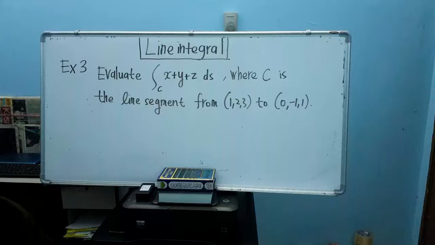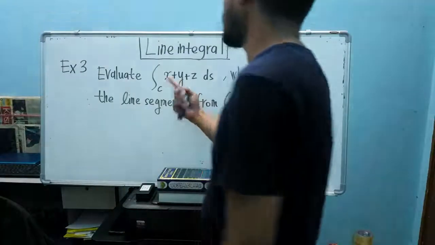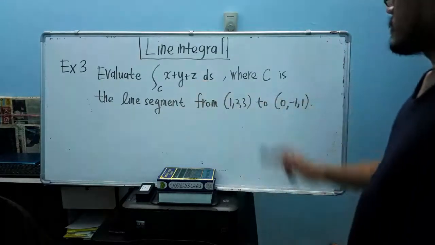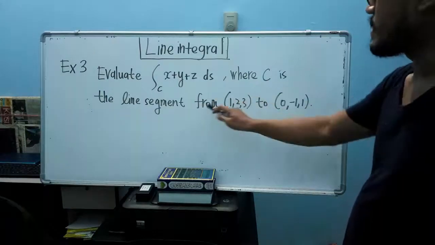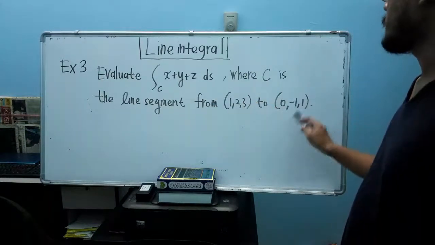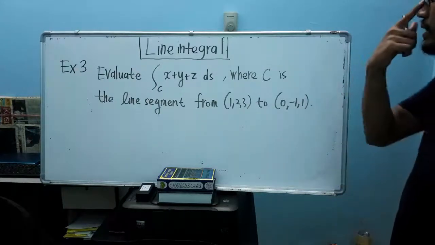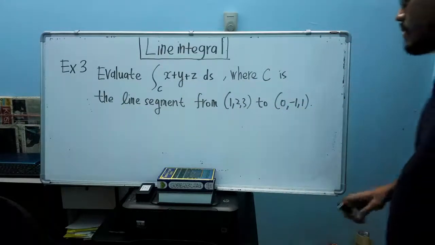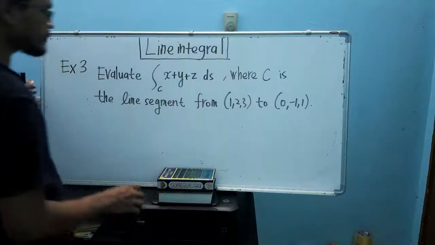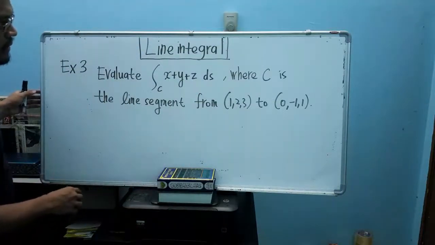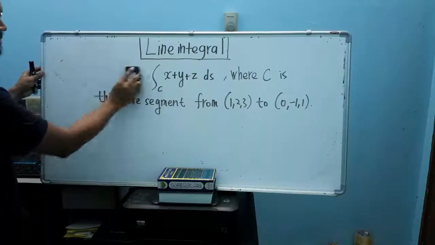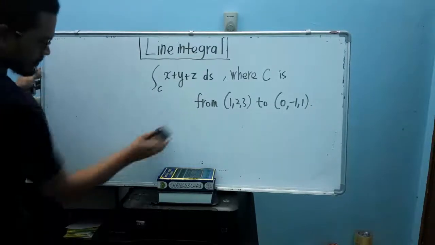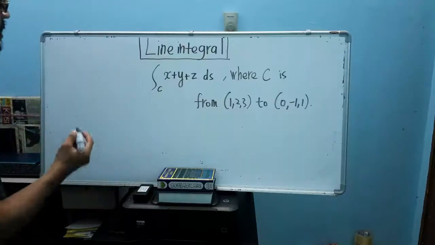So in example number 3, we want to find the integral of this function over C. What is our C? C is the line segment from (1, 2, 3) to the point (0, -1, 1). Meaning that we want to evaluate the line integral. First, let's write the formula of the line integral.